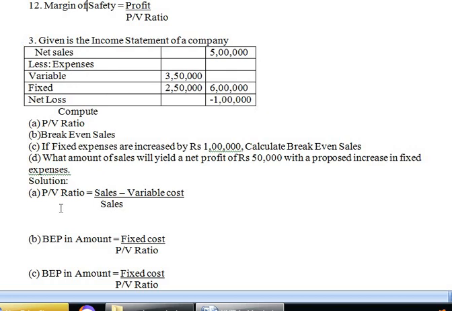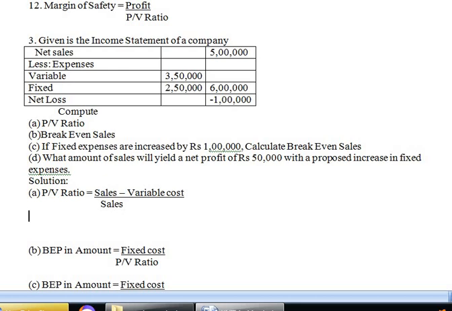Now, write down the solution. PV ratio formula is what? Sales minus variable cost divided by sales. So write down the formula. Now, sales amount is 5 lakh, which is already given in the problem. 5 lakh minus variable cost, which is 3 lakh 50,000, divided by sales, which is again 5 lakhs.